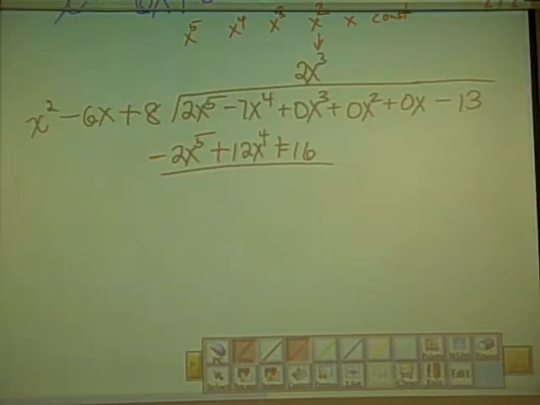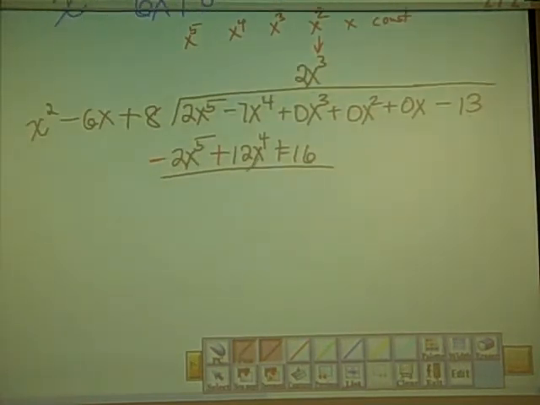Now we've got a positive 2x to the 5th and a negative 2x to the 5th. These cancel, that's what we want. Here we have a negative 7x to the 4th and a plus 12x to the 4th, so that gives us 5x to the 4th.